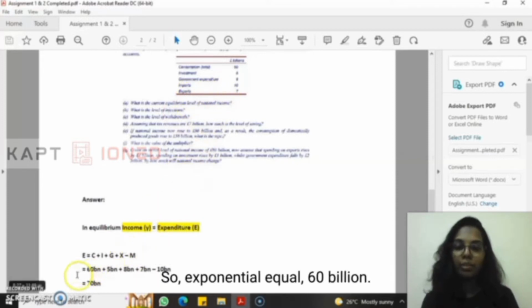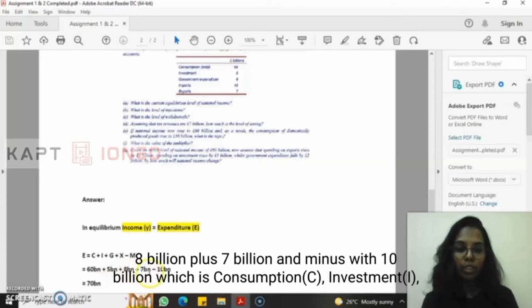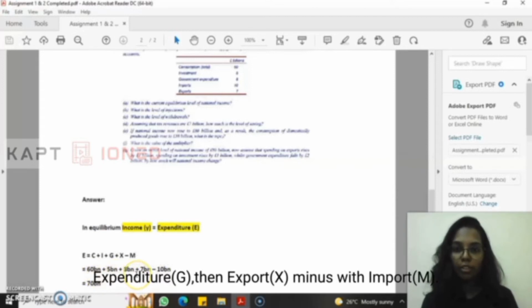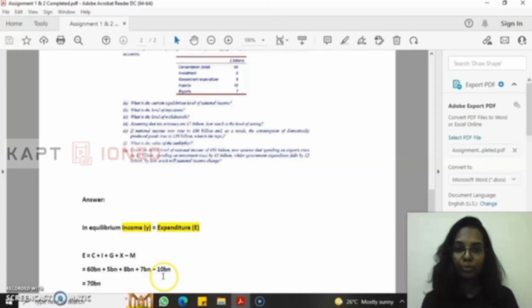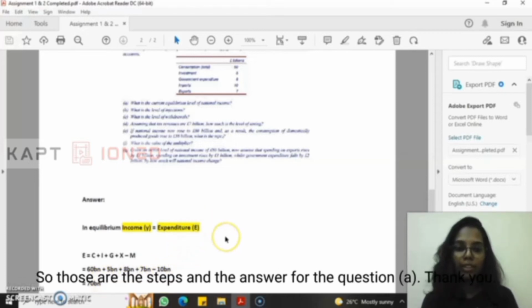So expenditure equals 60 billion plus 5 billion plus 8 billion plus 7 billion minus 10 billion, which is consumption, investment, government expenditure, then export minus import. So the answer will be 70 billion. So those are the steps and the answer for question A.